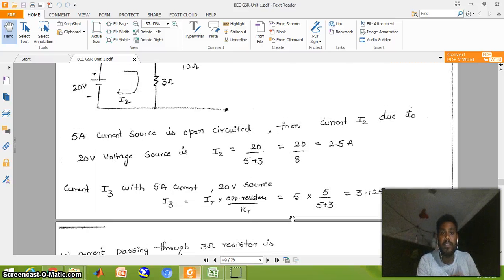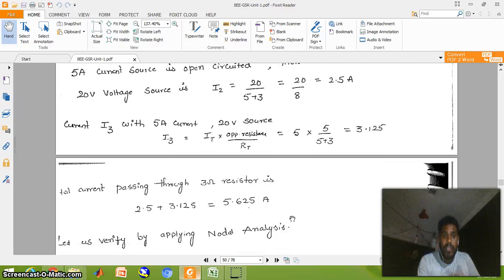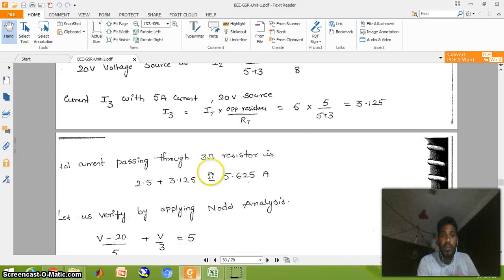If they were in opposite directions, we would subtract. That is the reason, as per the superposition theorem, the current through one resistor is the algebraic sum of the individual responses. In case 1, the current through the 3 ohm resistor when the 20 volts source is acting is 2.5 amperes. When the 5 ampere current source is acting, it is 3.125 amps. So the total current is equal to 5.625 amperes.